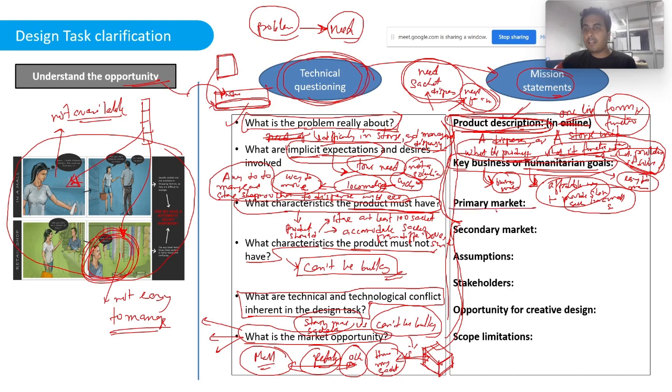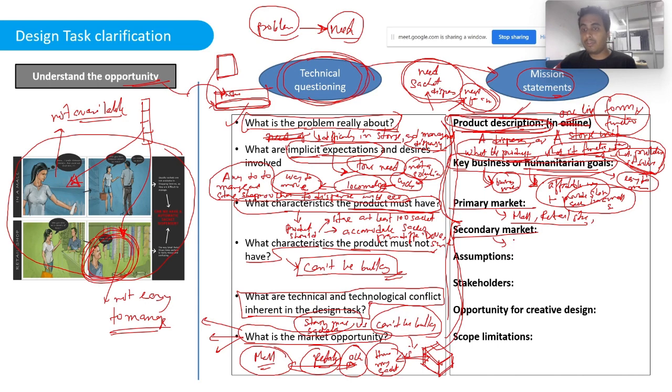The primary market can be your mall. You can think about retail, small retail stores. Okay, like that. For the secondary market, you may think this product can be used for other purposes also. Probably the same device or technology can be used for not only shampoo sachets.